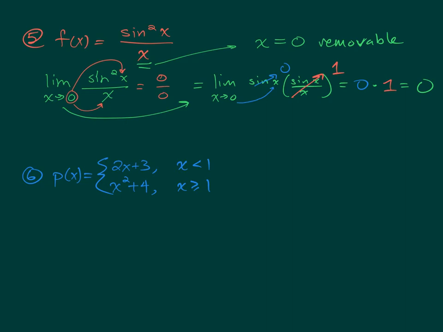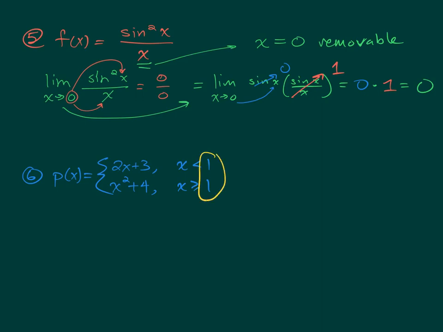In this last example down here in blue, we have a piecewise function, p of x equals 2x plus 3 if x is less than 1, and x squared plus 4 if x is greater than or equal to 1. And anytime you have a piecewise function, not only do you need to check each function individually for discontinuities that are on the interval specified for that function, but you also need to check where this domain breaks.